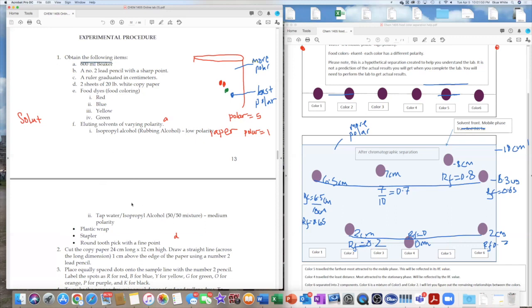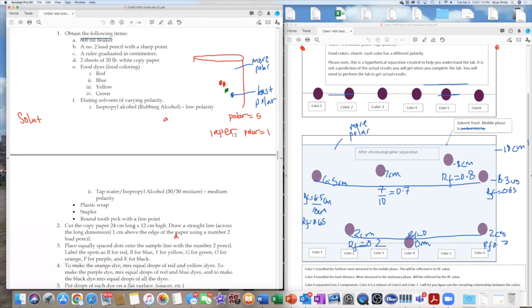Technically, the color should separate more here because the difference in the polarity between the mobile phase and the stationary phase will be much bigger. So you should see bigger values, right? Larger RF values, because the colors will travel more.